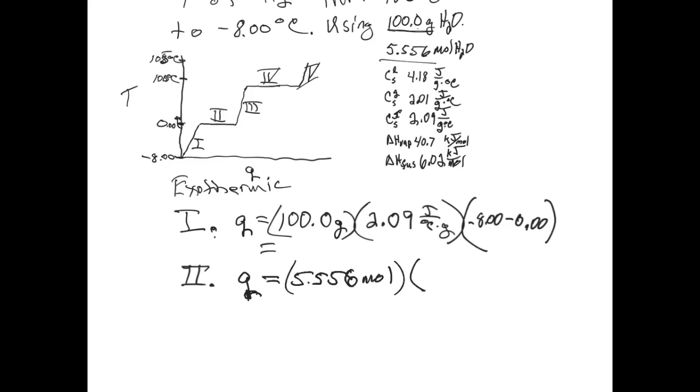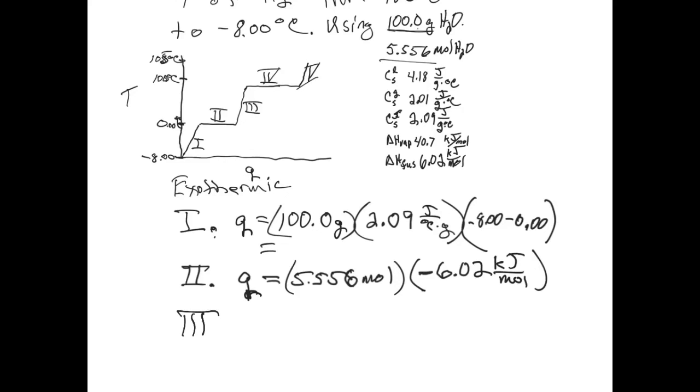And now, because we are dealing with freezing, instead of using positive delta H of fusion, we use a negative delta H of fusion. And that's kilojoules per mole. So remember, if you do this first one as I have here, you'll calculate it in joules, and then you'll convert that to kilojoules. Or if you do this one, you're going to get kilojoules and convert to joules. It depends. You just have to keep the same units.